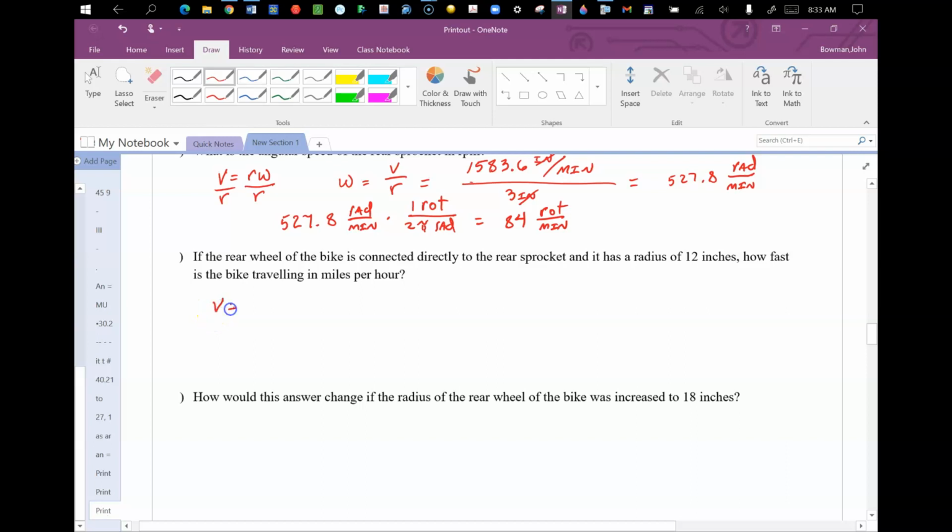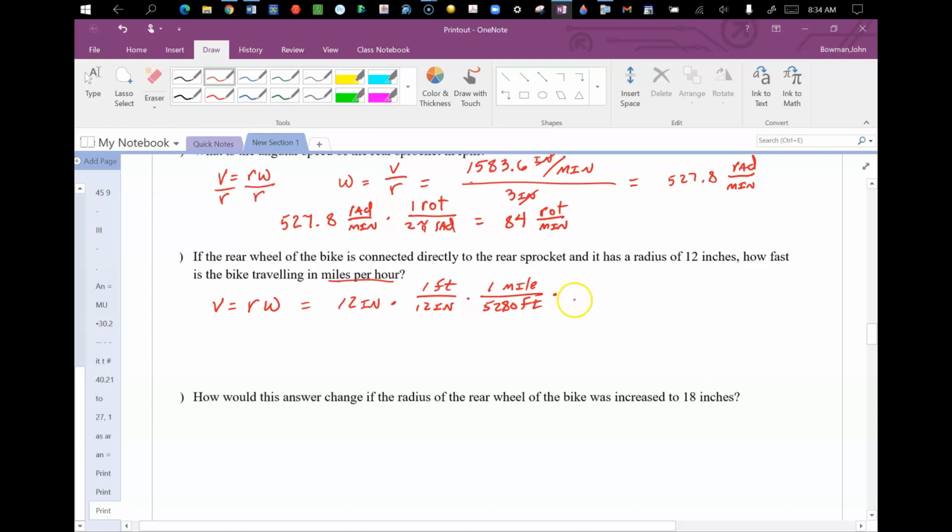So again, V is equal to R times W, and we have a 12-inch radius, and we're going to convert to miles per hour, so we have to do 1 foot for every 12 inches, and then we have to convert the feet to miles, so 1 mile for every 5,280 feet, and then we have to multiply by the angular velocity in radians per hour.